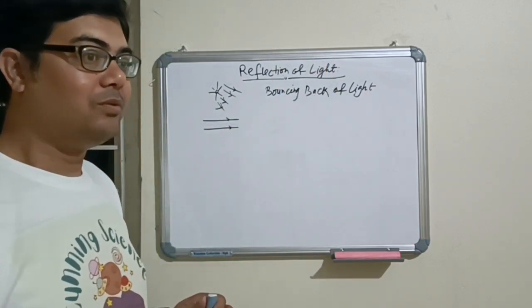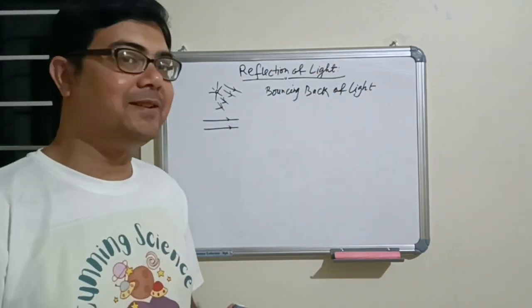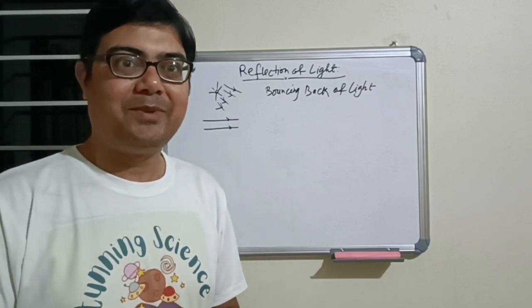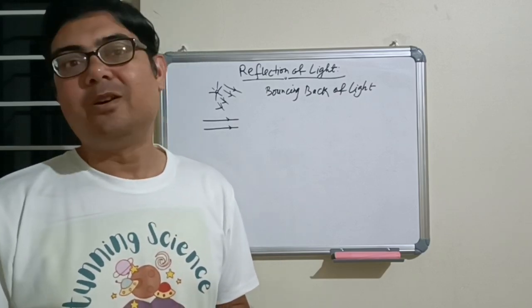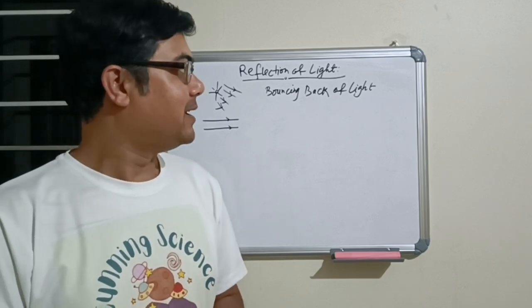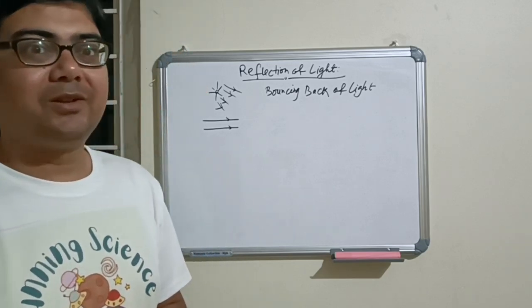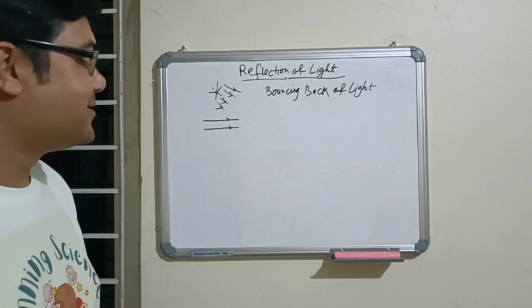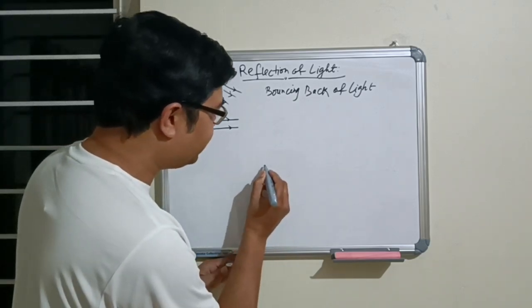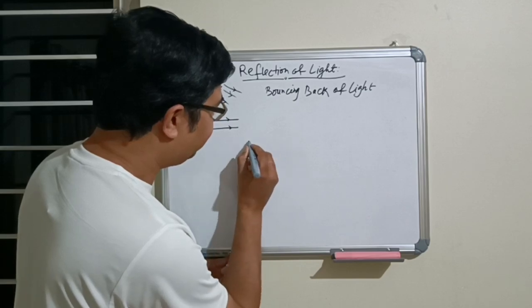Can you tell me an example of a smooth or shining surface? Yes, plane mirror. It's a very common material, and every day we use it, right? So we can draw a plane mirror surface like this.